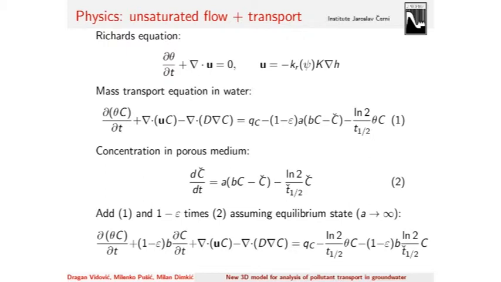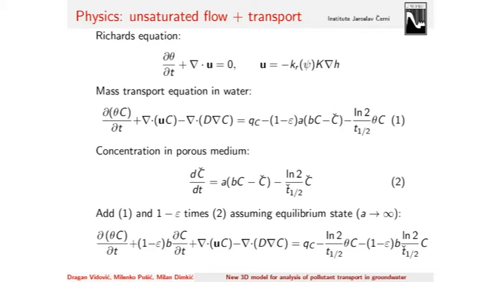So, if we want to consider the equilibrium case between the concentration in the water and the concentration in the solid, this means assuming that the speed of sorption is so high that it is higher than other processes that we are considering, which practically means assuming that this A here, the velocity of exchange, is infinite.